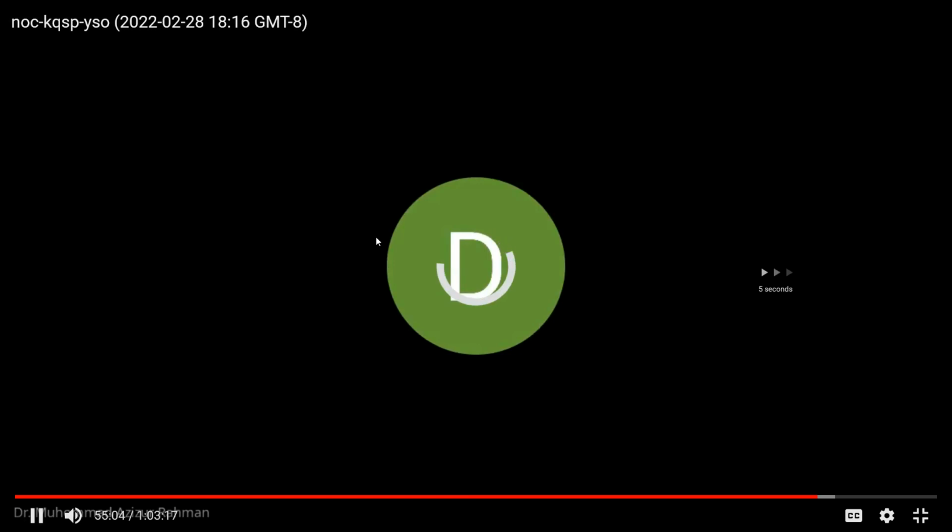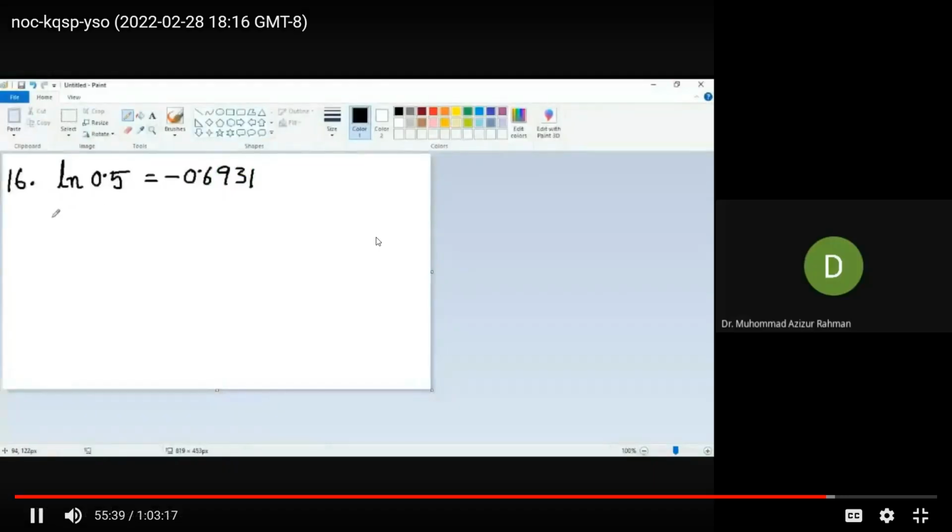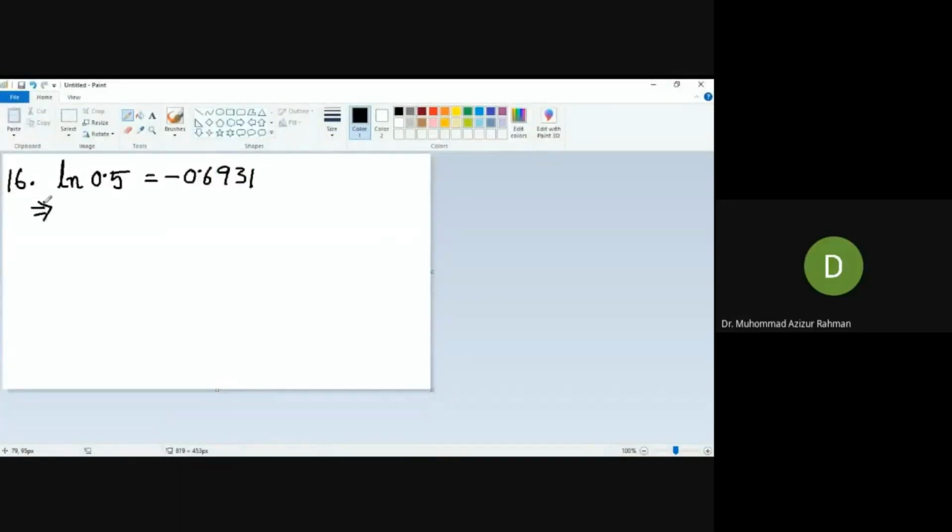Log e of 0.5 equals minus 0.6931. If we do the inverse, we get e to the power minus 0.6931 equals 0.5.